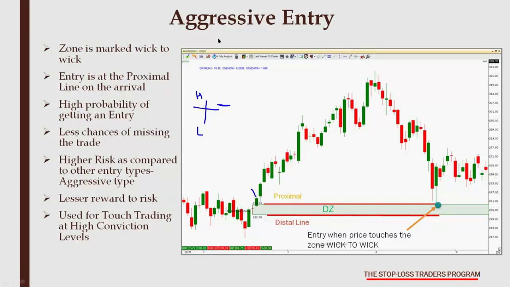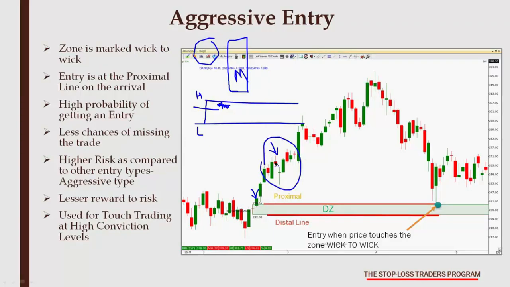It may or may not have a wick, but if it is going above the base, I'll have to mark that like this. I'll have to cover the body of the base and the highest point from where the third element of price structure came, that is the drop. So the high of that I need to cover. So that becomes my distal line and this becomes my proximal line.